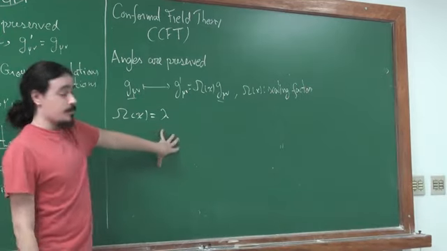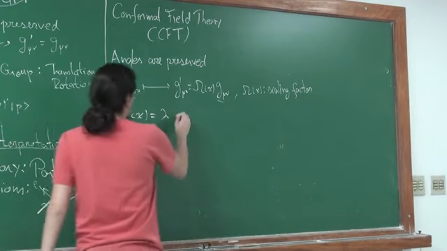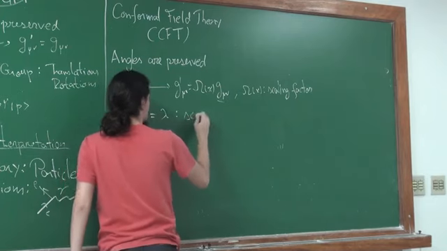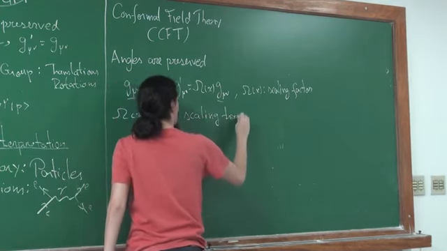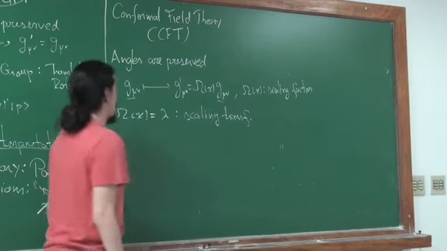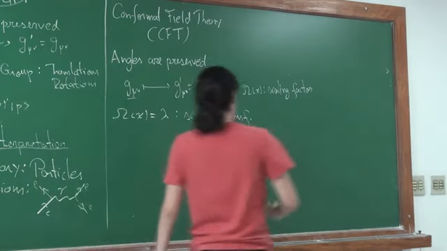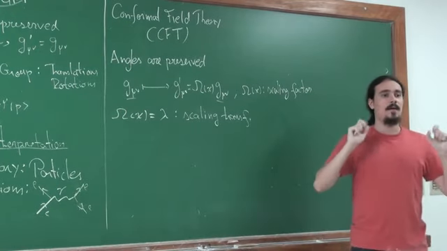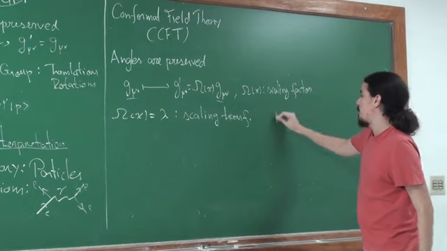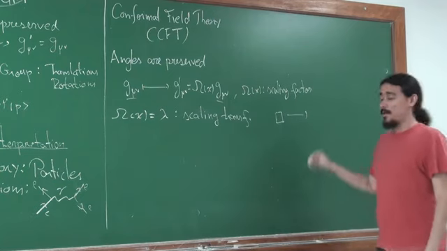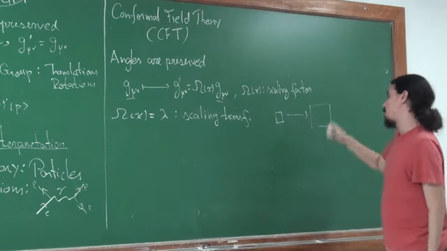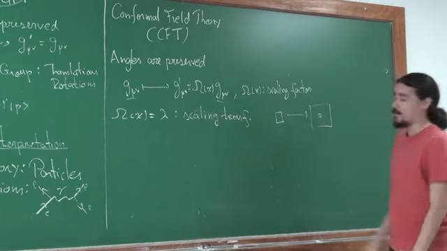If this scaling factor is just a constant, this is what we call a scaling transformation. What this does is, it's like you're zooming in and out in your space-time. Say you have, I don't know, a square, then you apply a scale transformation, you just end up with a bigger square or a smaller square.